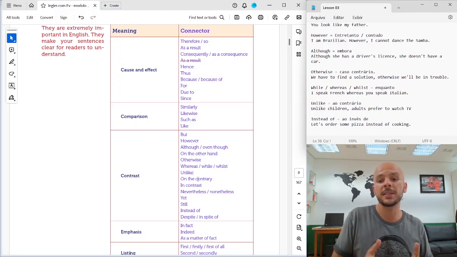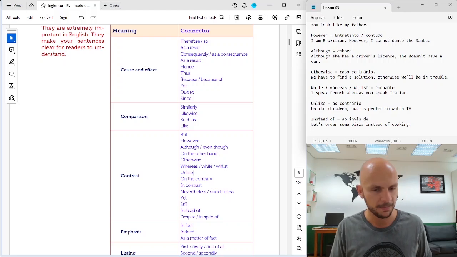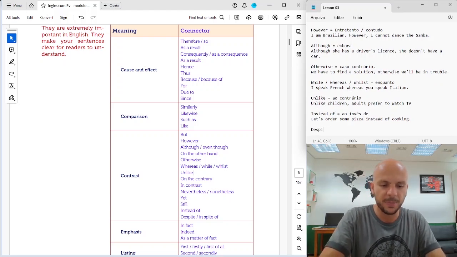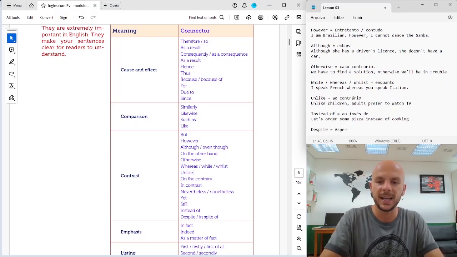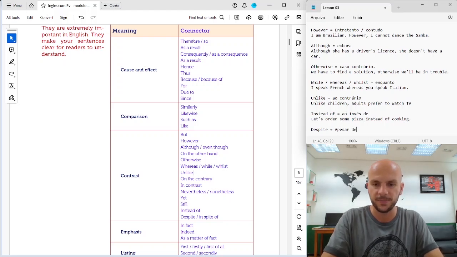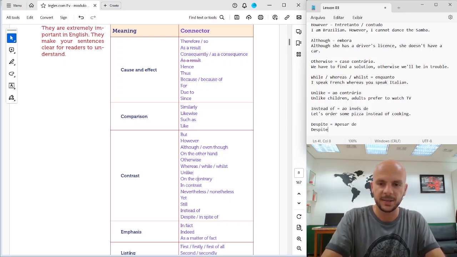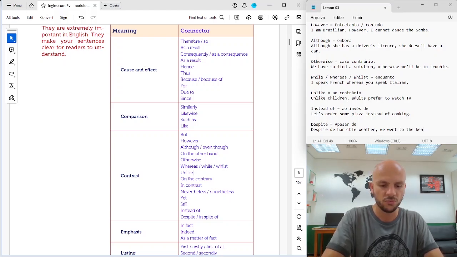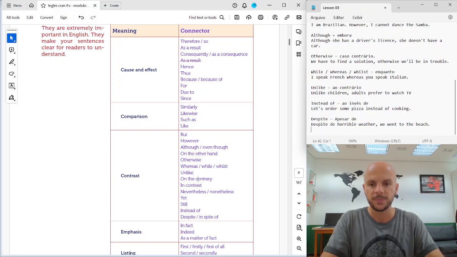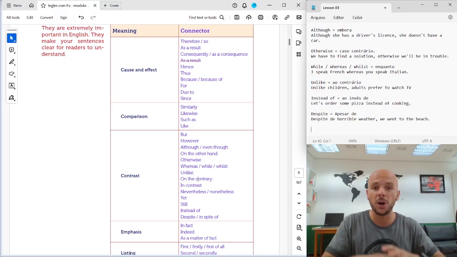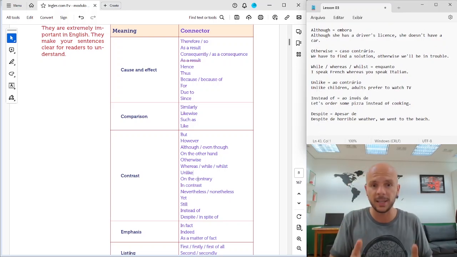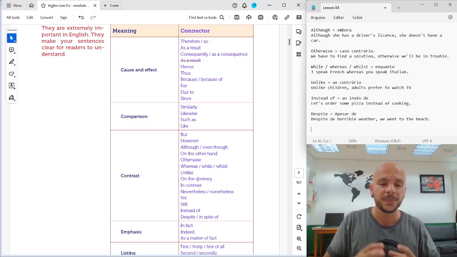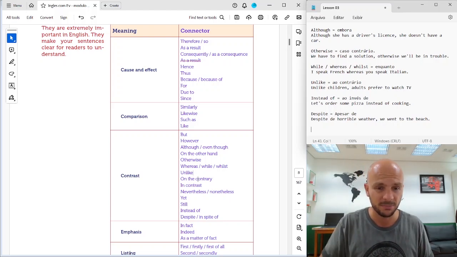And the last one, despite, means apesar de. Despite the horrible weather, we went to the beach. Don't worry about using all of them at once. I just put the list here for you to slowly increase and expand your vocabulary.